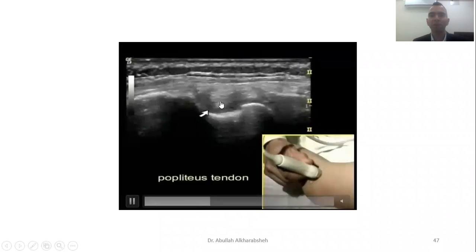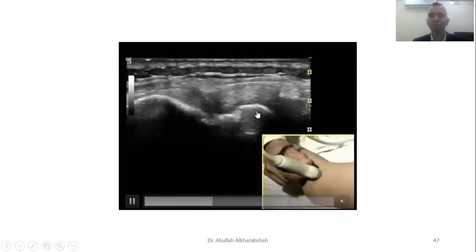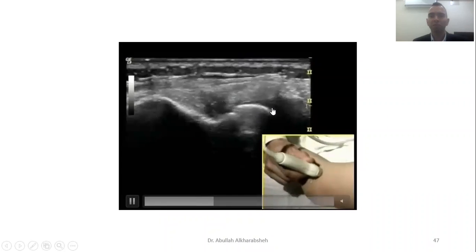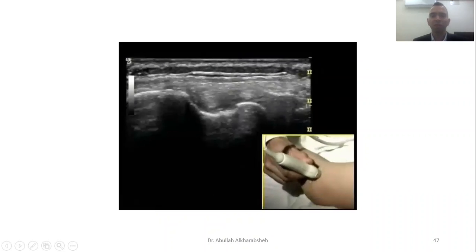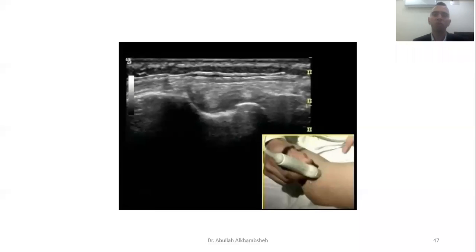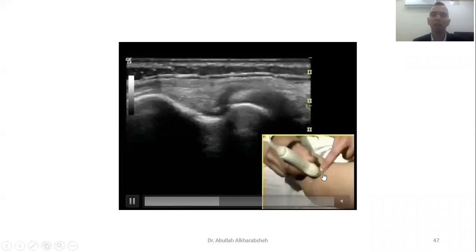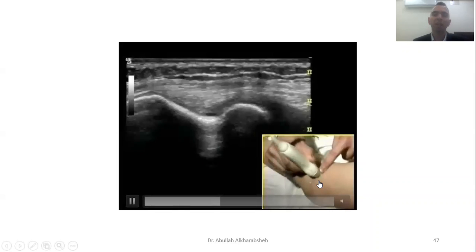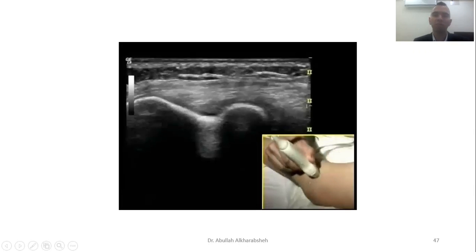This is the popliteal tendon. So the structures we have to show are the lateral collateral ligament, the iliotibial band, and the lateral meniscus. This is what we have to show in the lateral view.